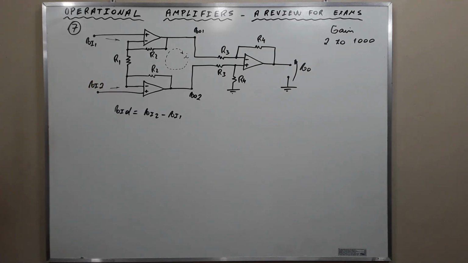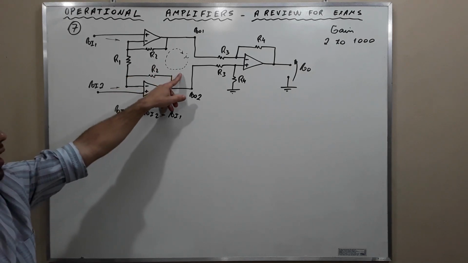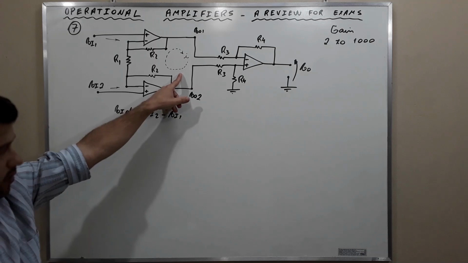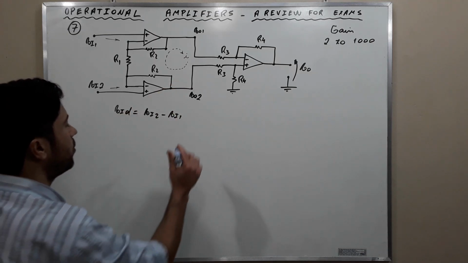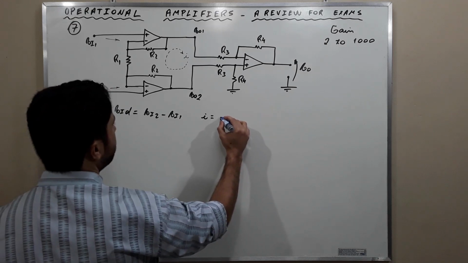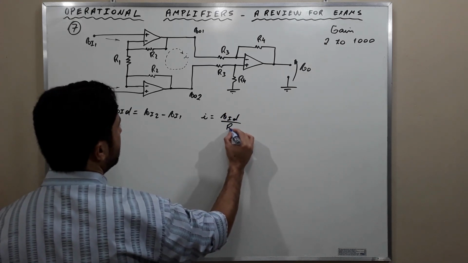Then this voltage is going to appear here, and this voltage is going to appear here, all right? The current flowing through R1 is, there's going to be a current here. This current here, I, and the value of I is VID divided by R1.